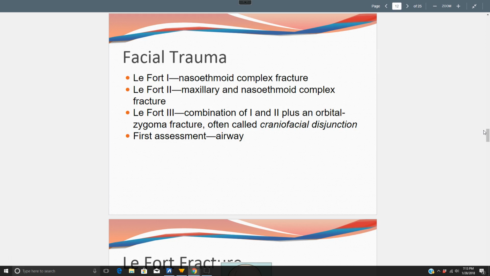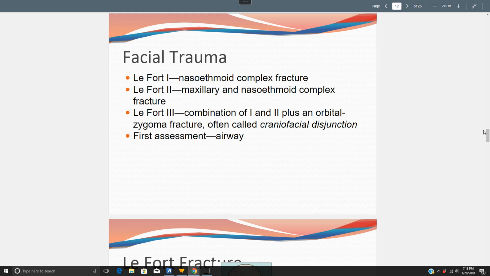Again, the priority action is to establish and maintain an airway for adequate gas exchange. Depending on the severity and the extent of the injuries, the patient may need a tracheotomy or a cricothyroidotomy. It just depends. Really, these are some of the first things we do on these types of injuries. Really initiating an airway, making sure that's in place.